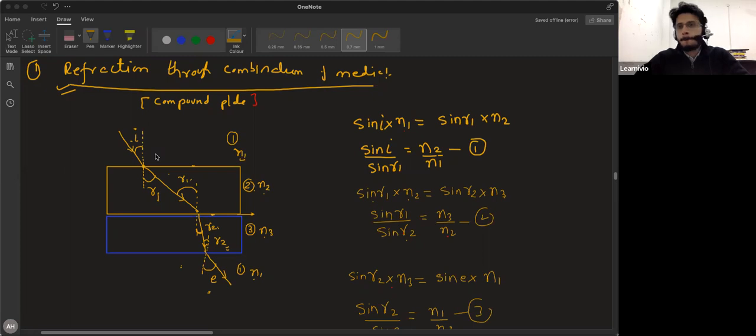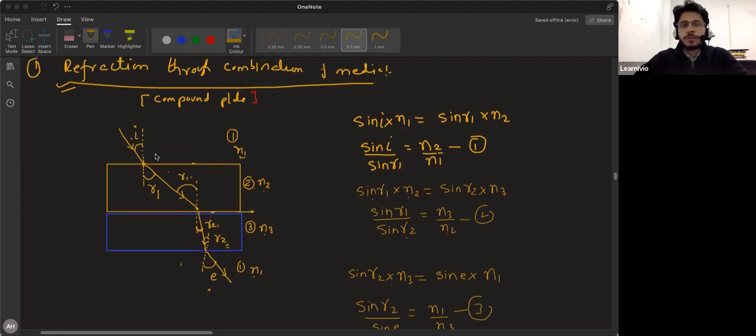In this case, the incident ray and emergent ray, aren't they on the same line, after refracting through different media? Yes, if you multiply these equations, then you will get the result that I will be equal to E. Then you can say I and E will be parallel. We'll come to that result. Just first multiply the equations and see what result you are getting. Then we'll do that discussion.